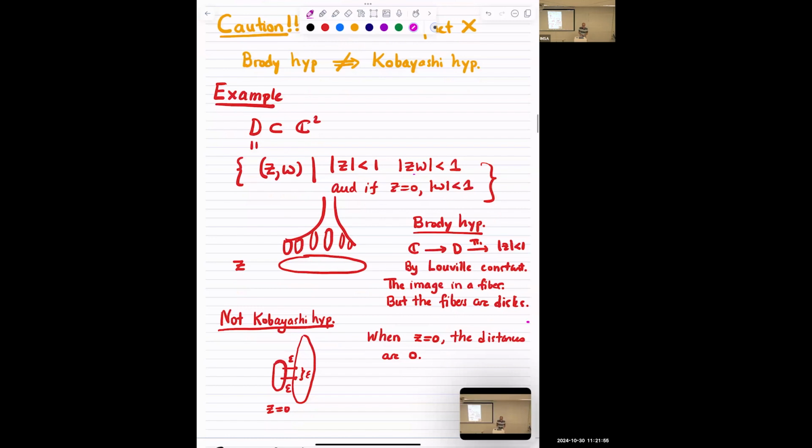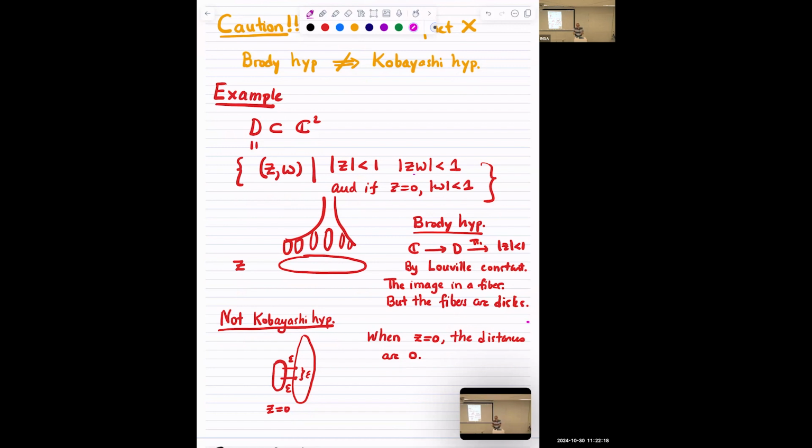And this is a cute example, so I might just as well give it to you. Basically, you take a disk and a family of disks, such that at the origin they become like the entire complex plane. If you did that, this thing would not be Brody hyperbolic because you have the entire complex plane.